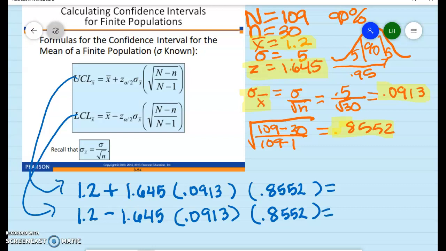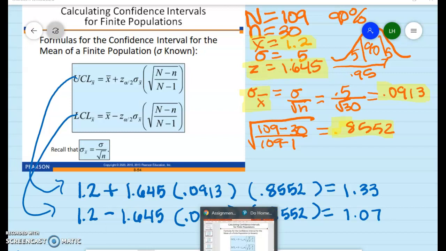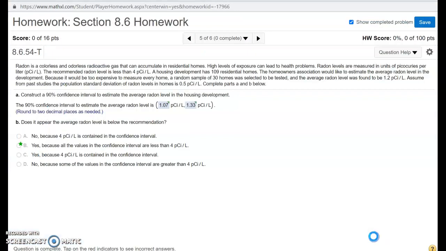And let's see what we get. And you will get 1.07 to 1.33.